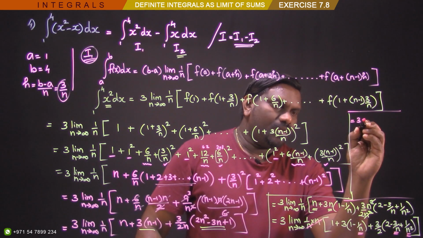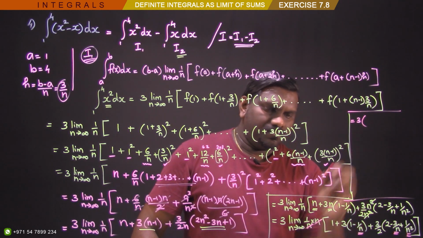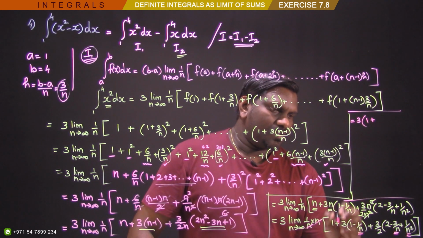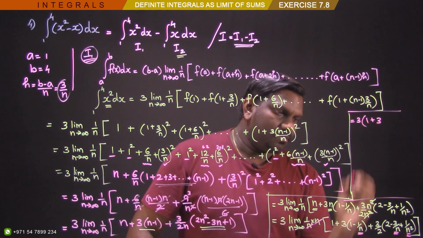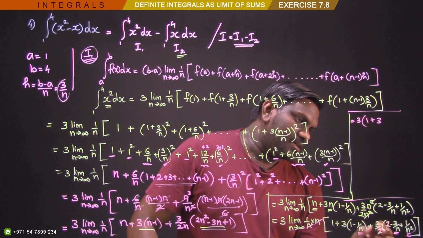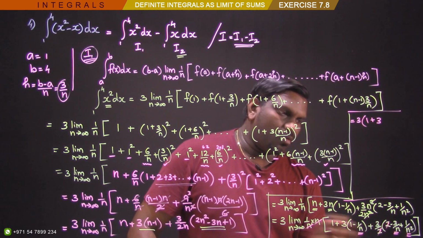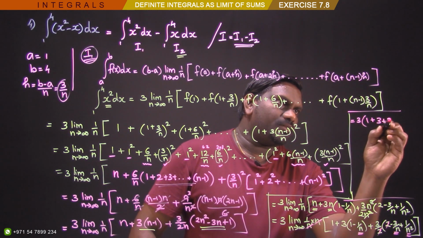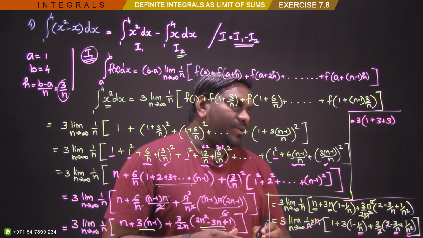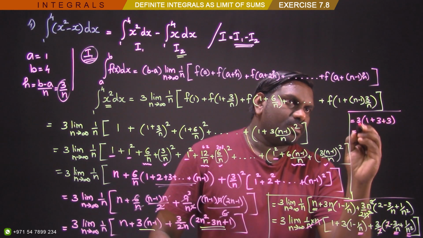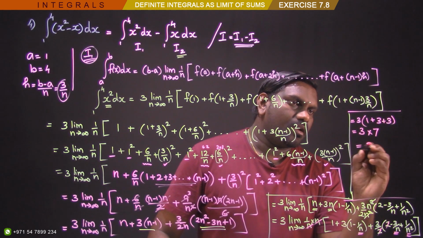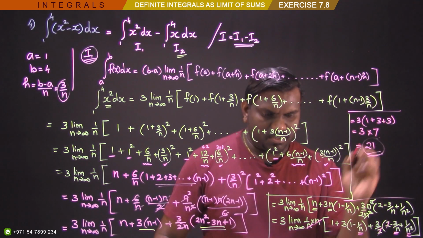What I'm getting is 3 into 1 plus, here it's gonna be 3, and here it's 2 and 2 get cancelled here. When you multiply this 2 is 0, and here I will get a 3. So you will end up with 3 into, these ones are gonna give me 7, and this is 21, dear. This is gonna be 21.